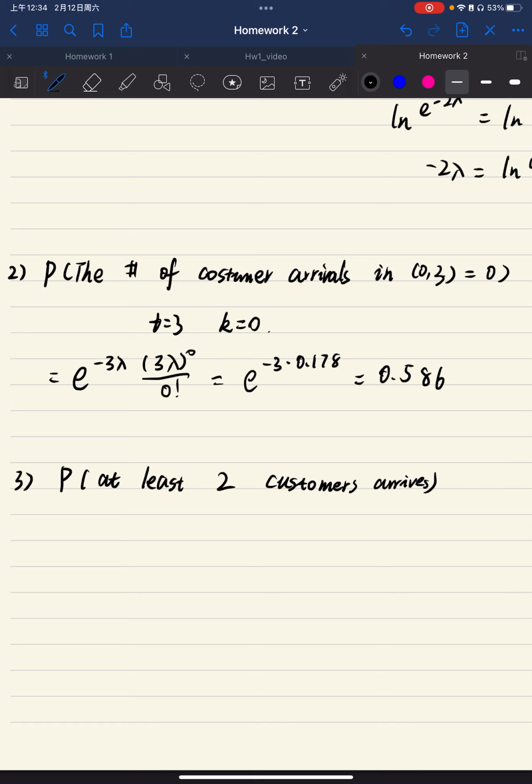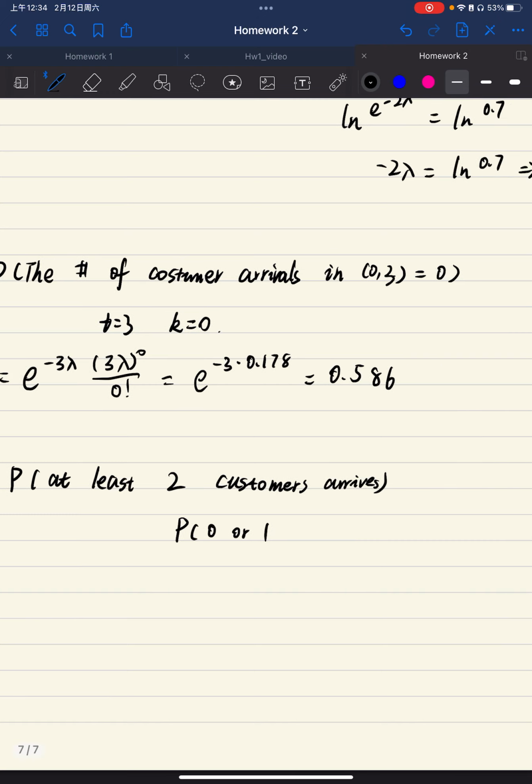Its complement event is no customer comes or 1 customer comes in 10 minutes.